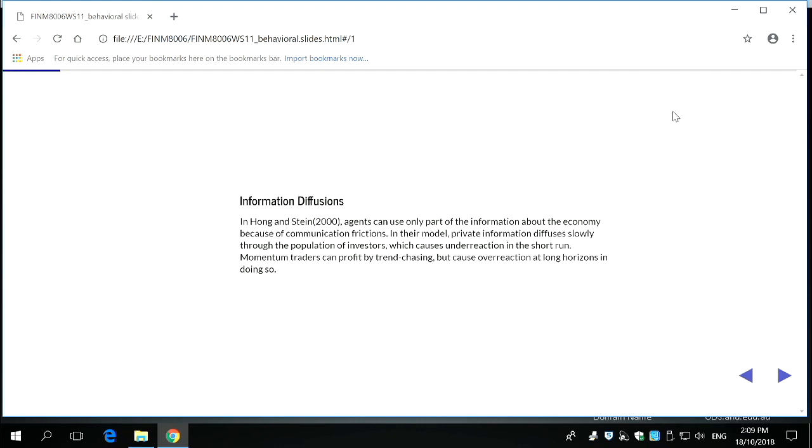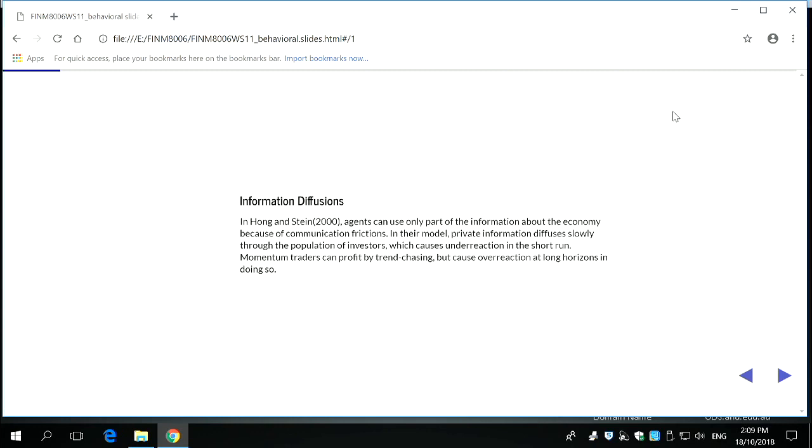Right, so the first set of models that can potentially explain momentum is the information diffusion theory. Information diffusion theory says that information takes a while to penetrate the market. So basically, you can divide the market into two parts. One part is informed investors.